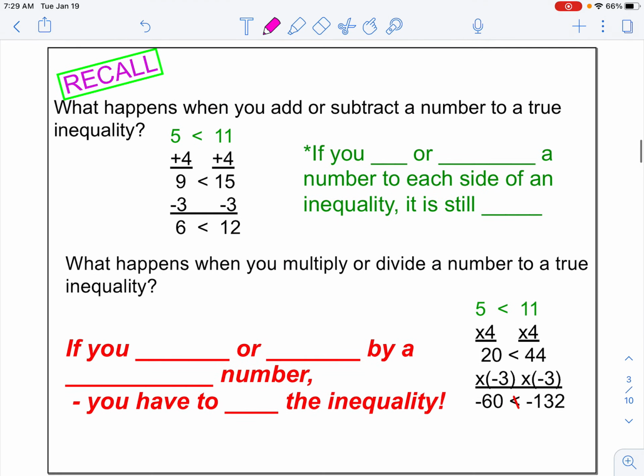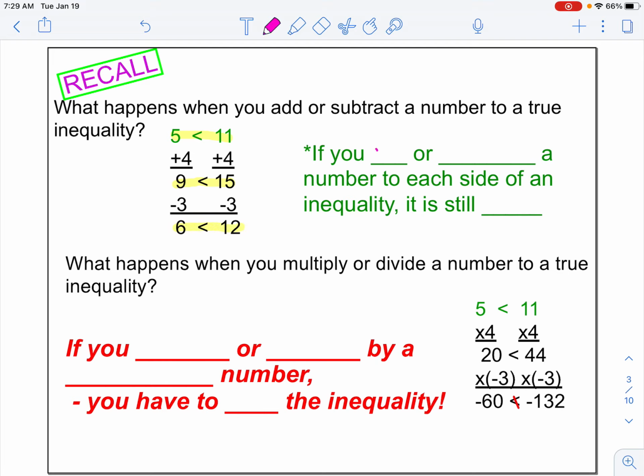So here's some other background information that we need to recall. What happens if you have an inequality like 5 is less than 11? And what happens if you add or subtract a number to a true inequality? Well, if you add a number, we can see that 9 is still less than 15, so it's still true. If you subtract a number like 3, then you still have a true inequality.